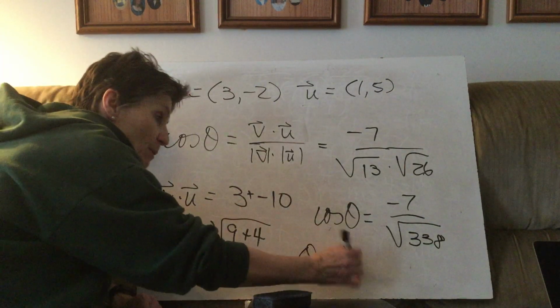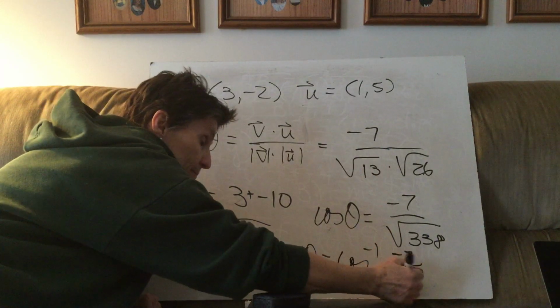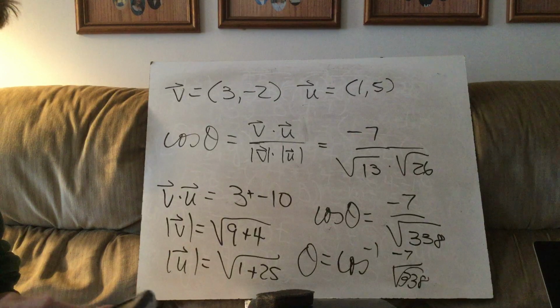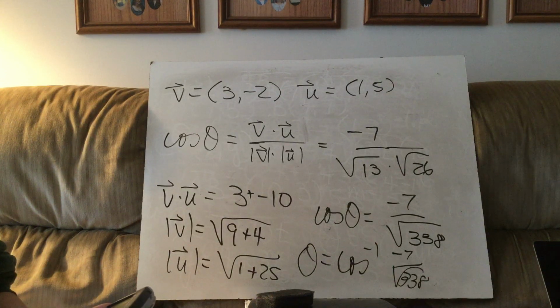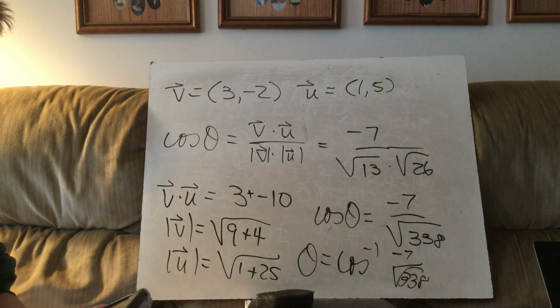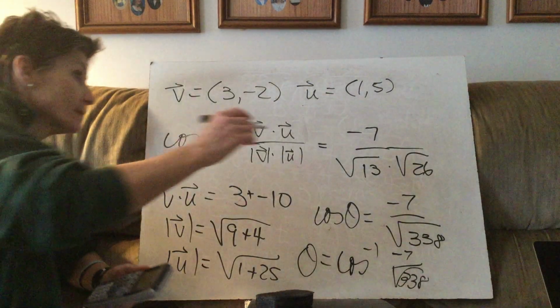Because to type it in, I'm going to have to second cosine that fraction. So second cosine -7 divided by the square root of 338. 112.38.